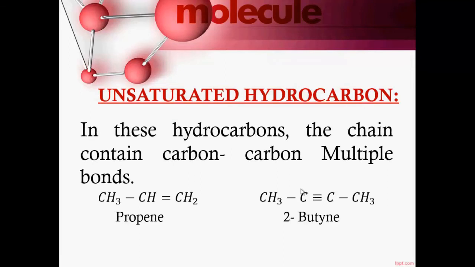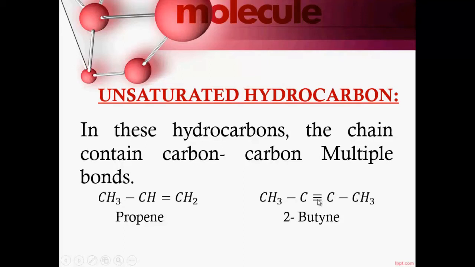Now come to unsaturated hydrocarbons. In these hydrocarbons, the chain contains carbon-carbon multiple bonds, as seen in this propene molecule. In this propene there is a double bond, and this is 2-butene. It has 4 carbon atoms, and there is a triple bond between these 2 carbon atoms.